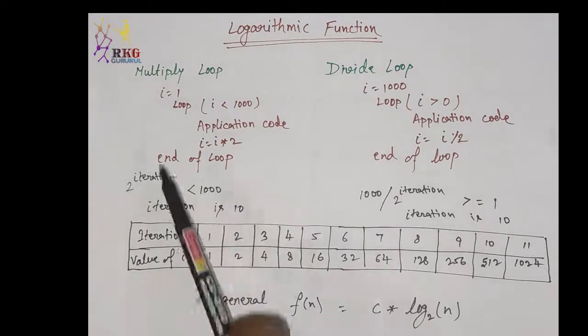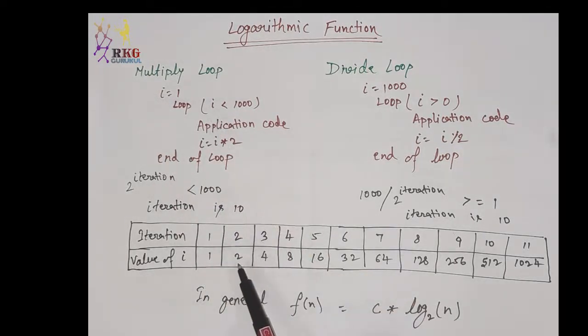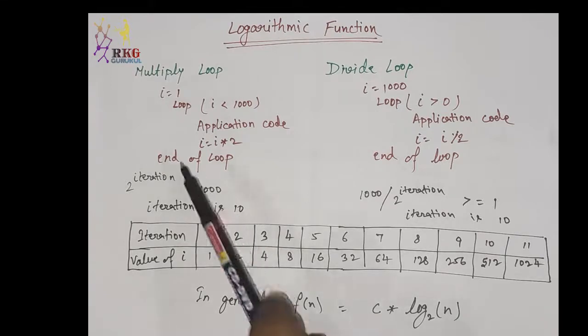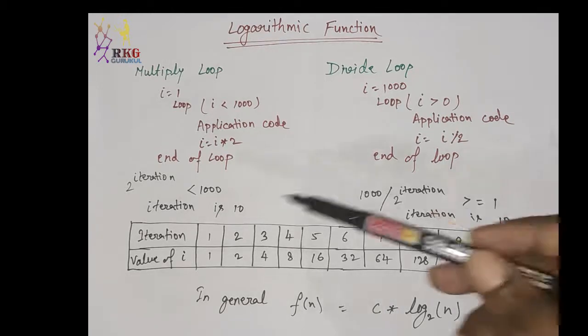So let's see that. In this multiply loop, in the first iteration the value of I is equal to 1. In the second iteration the value of I is 1 into 2, which is 2. In the third iteration that will be 2 into 2, which is 4. The fourth iteration, 8, in the 5th iteration 16, and so on.